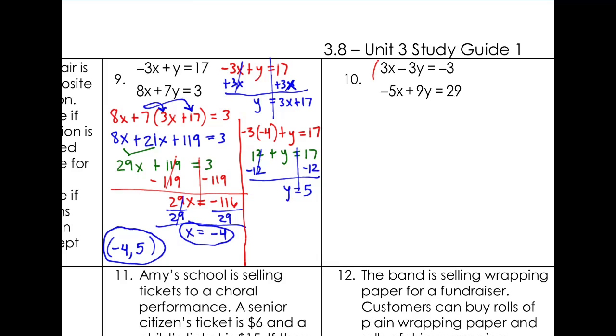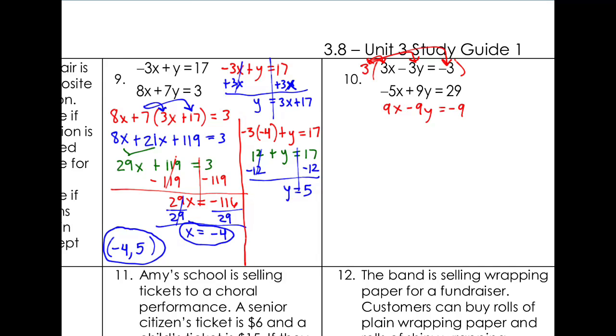We're going to multiply this entire top side by 3. So we carry that in. That'll be 9x. Multiply that in, it'll be negative 9y. Then we multiply that, it'll be equal to negative 9.